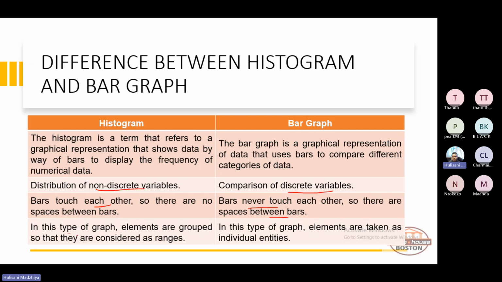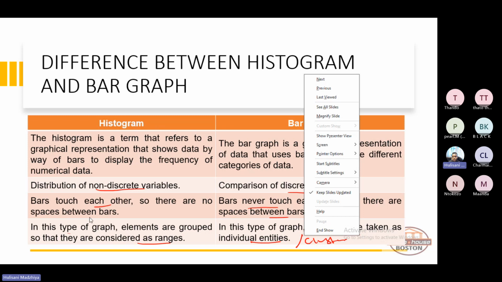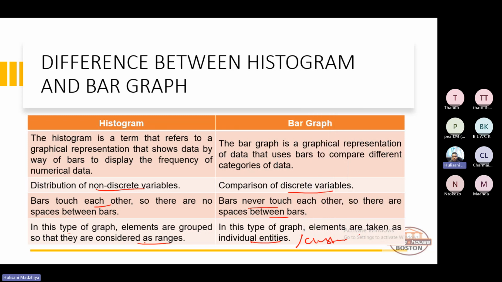In the histogram, the elements are grouped so that they are considered as a range, whereas on the bar graph, the elements are taken as individuals, or they are also grouped and called a cluster. When you call them a cluster, it will be like an individual category. It will not be a range like in the histogram.